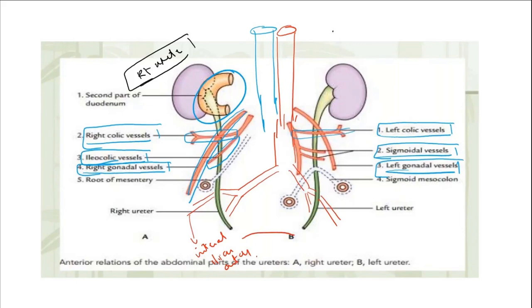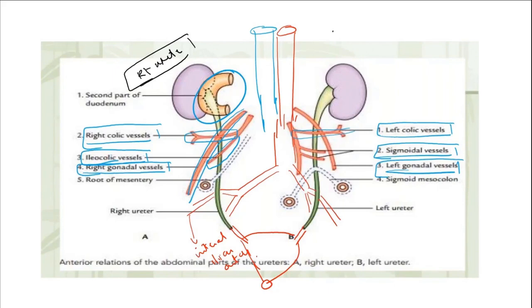So we have the bladder here. Then it moves forward, enters into the bladder, and passes obliquely through the wall of the bladder for 2 centimeters.